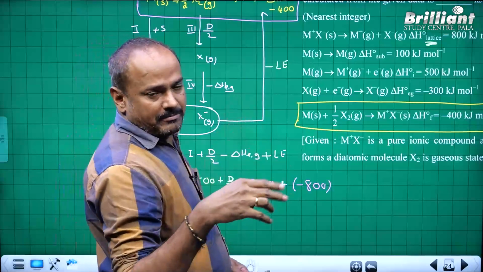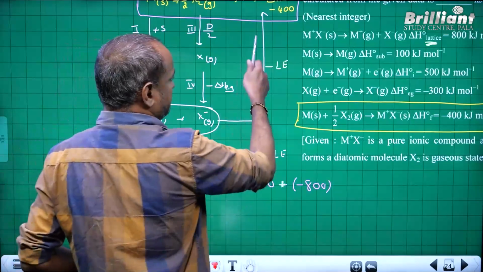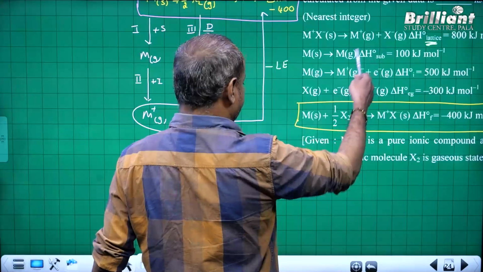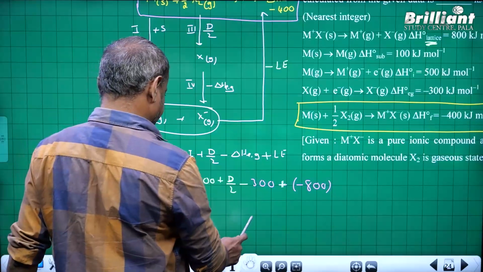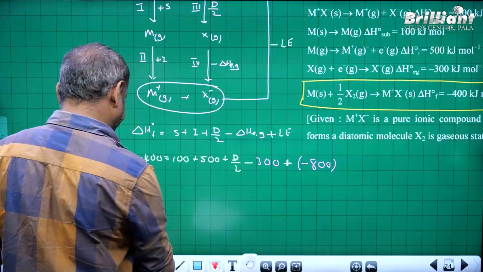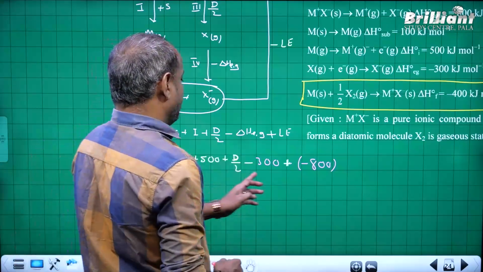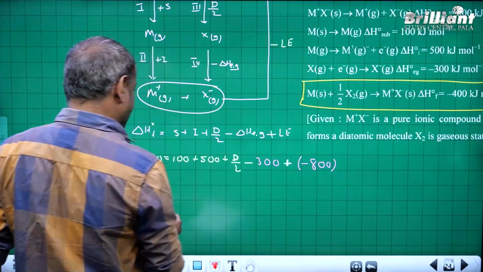Le has two types, formation and dissociation. So it is now formation, but the given value is dissociation. That is why minus 800 is equal to minus 1100. 1100 means the 6 cancel, 500.